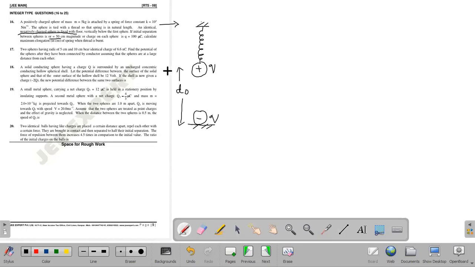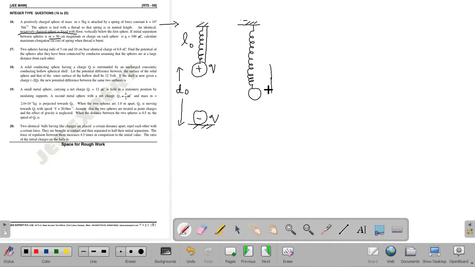And the spring is at its natural length. So this L naught is the natural length. It has no elongation. And there was some thread holding this charge from falling down. So when somebody burns that thread, this positive charge will start moving downward, and it will move up to a place where the elongation is maximum.